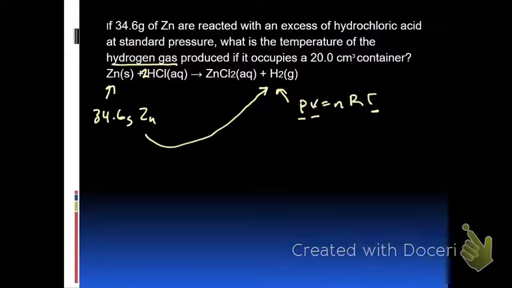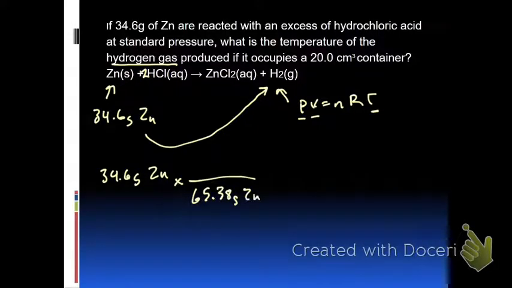Okay, so let's do our stoich. So we got 34.6 grams of zinc. Let's convert that to moles, right? So zinc: 65.38 grams of zinc for every 1 mole of zinc.